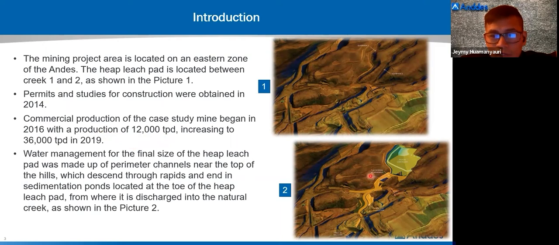About the water management, I could explain in the next slides, but in summary, it is made up of perimeter channels in the boundary of the heap leach pad, then connected by rapids to sedimentation ponds located in the low zone, in the toe of the heap leach pad.